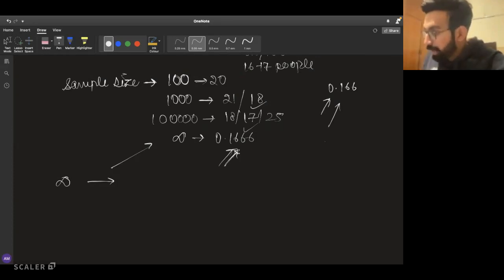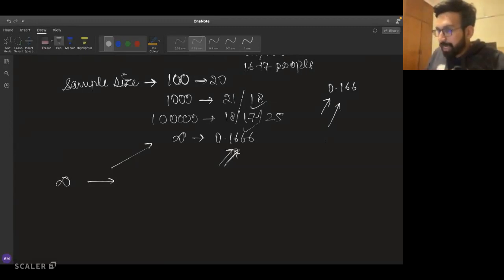Now that we understand the concept of probability and the frequentist approach of understanding probability, let's talk about the definition of probability and a couple of laws which probability follows.